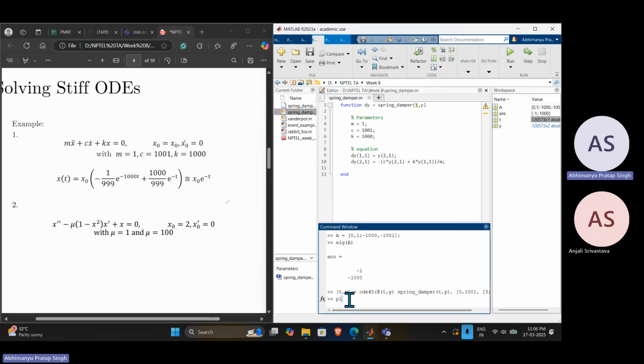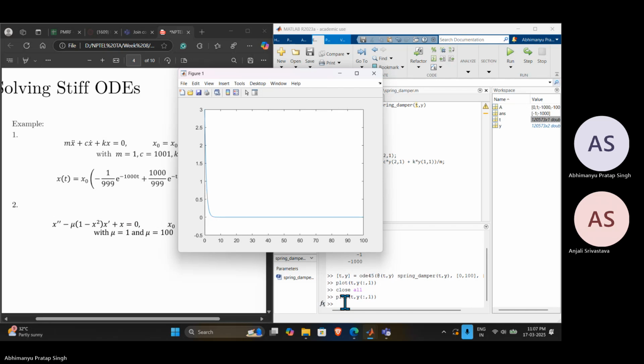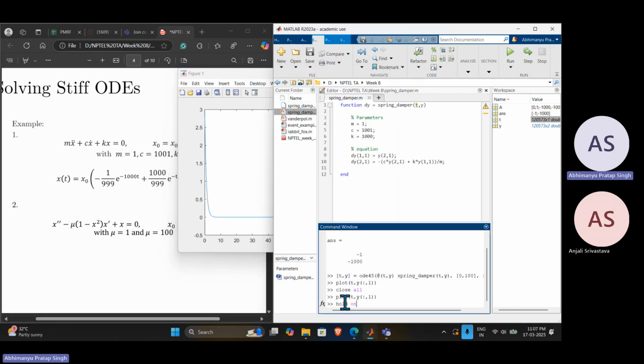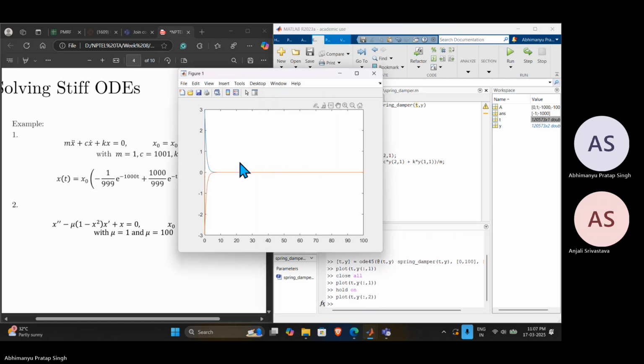Similarly, if we see this, and I plot this, and on the same plot I plot the second one, so this goes from 0 to a very high value of about -3 in just 0.2 seconds, and then it again decays to 0.